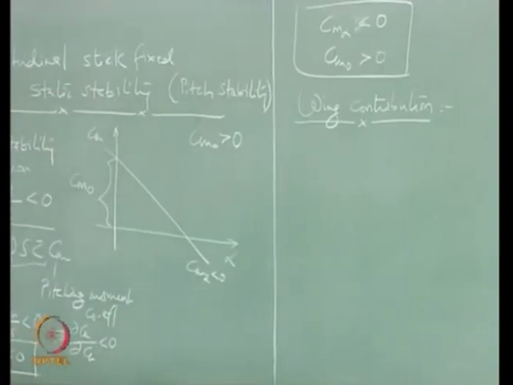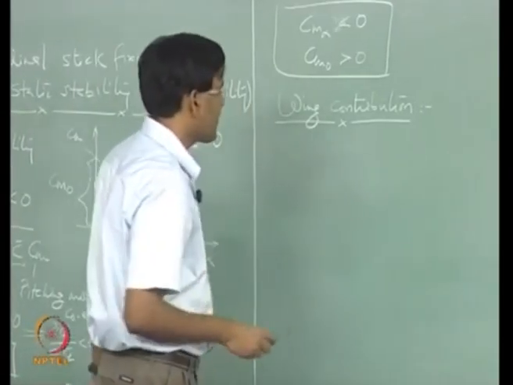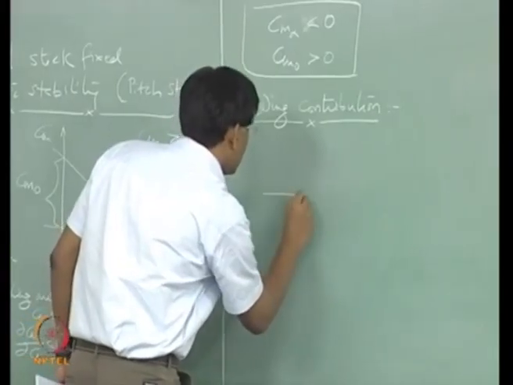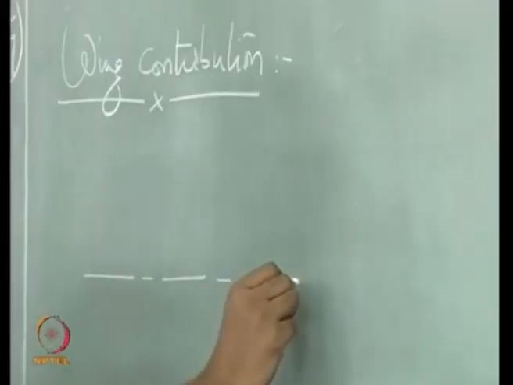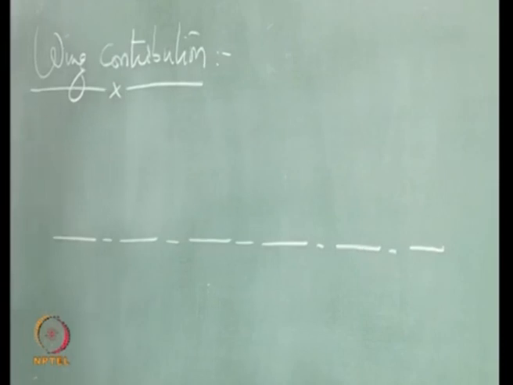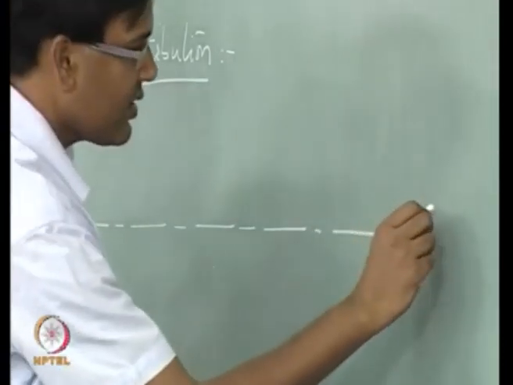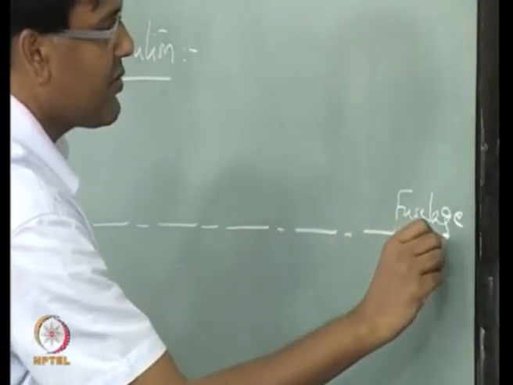Let us first start to look at the wing contribution. So, we define some axes. Here, this line is the reference line, which is called the fuselage reference line.